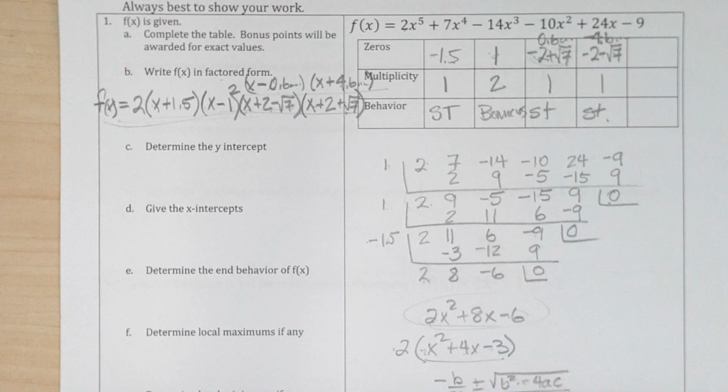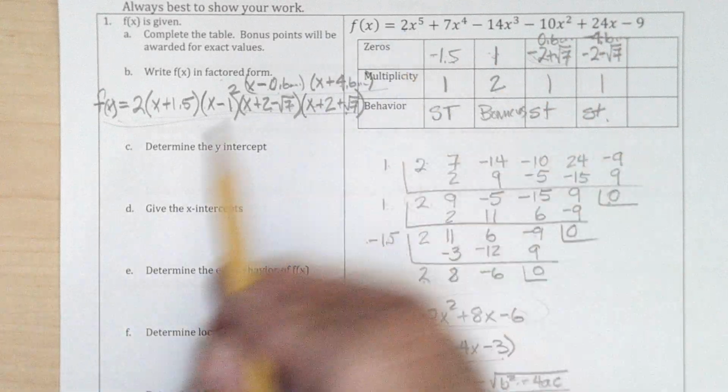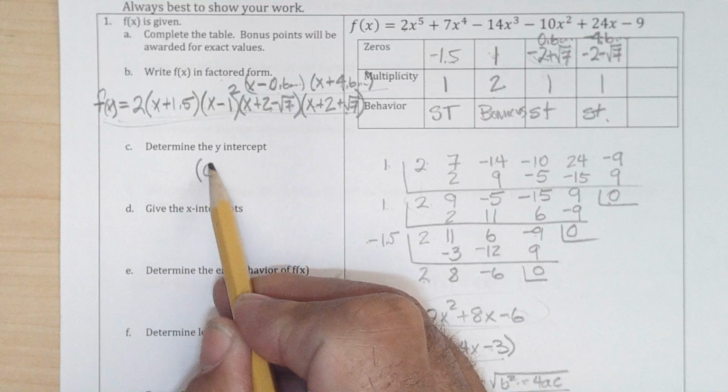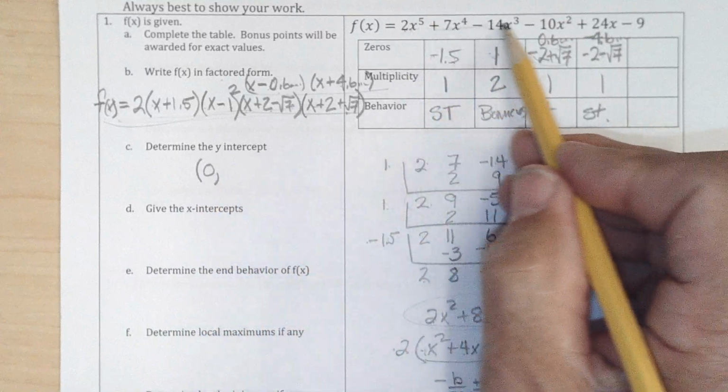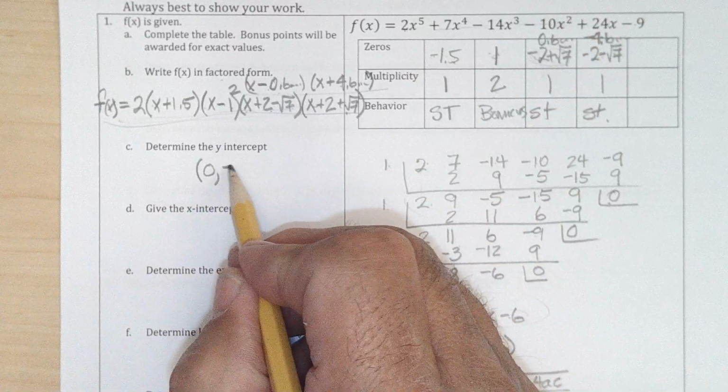Okay, y-intercept. Well, y-intercept means you put in 0 for x. If I put 0 for all these x's, I get -9.